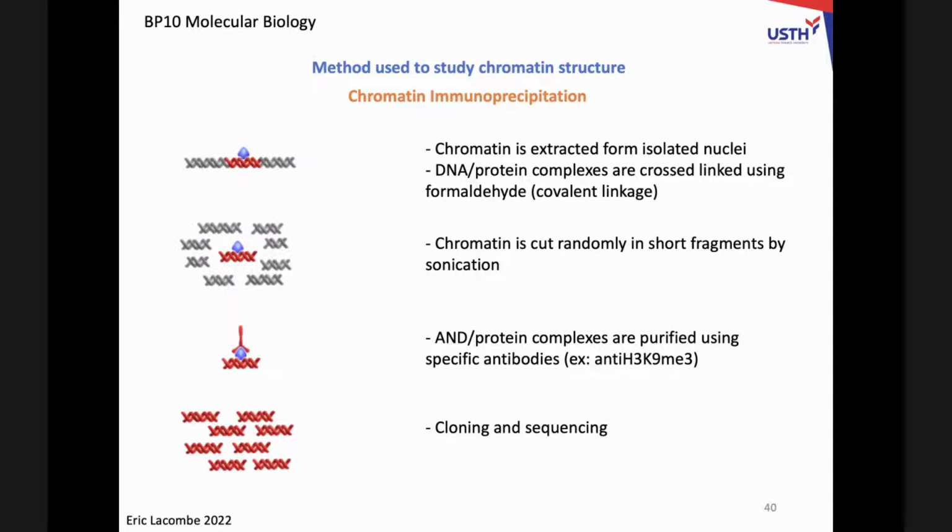It's mainly based on the same strategy. I'll show you first the strategy, which is called chromatin immunoprecipitation. Have you ever heard about that, or is it completely new for you?